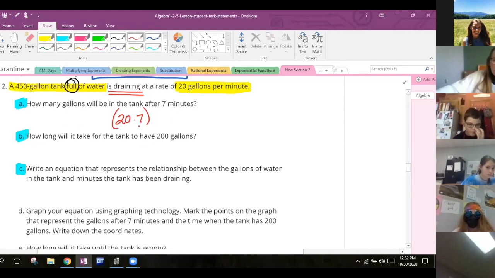And once I know that, what am I going to do with it? Subtract it from 450. Since I started with 450 gallons of water in the tank, I have to subtract that off of that amount to see how much will still be in the tank. Okay, 20 times 7 is 140. 450 minus 140 is 310 gallons.